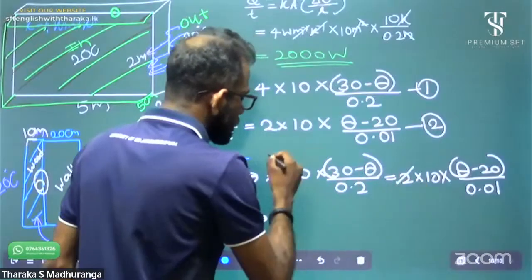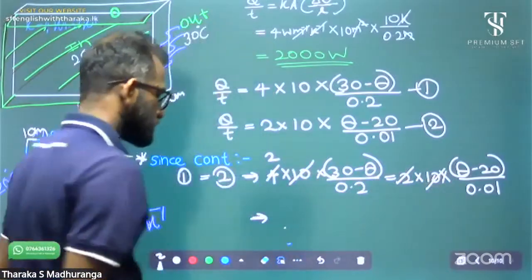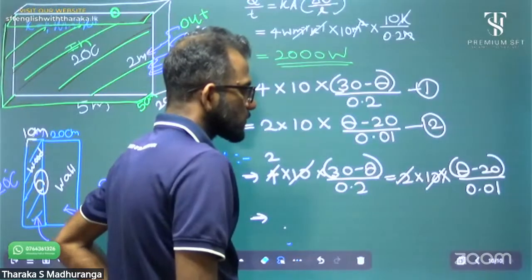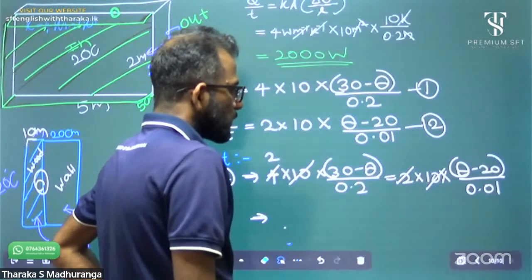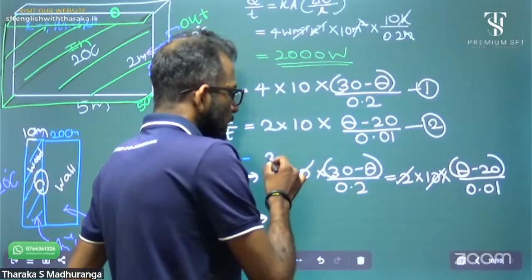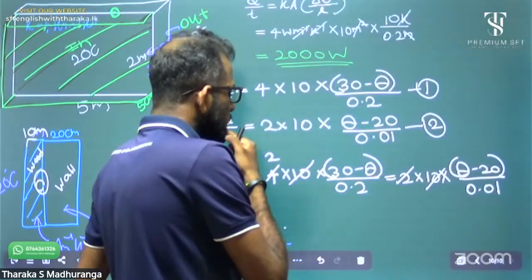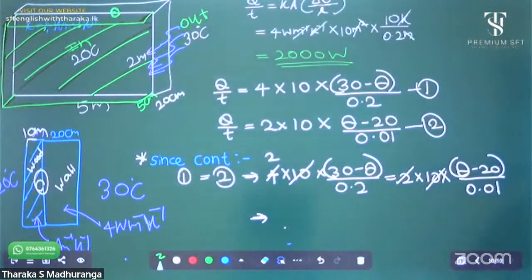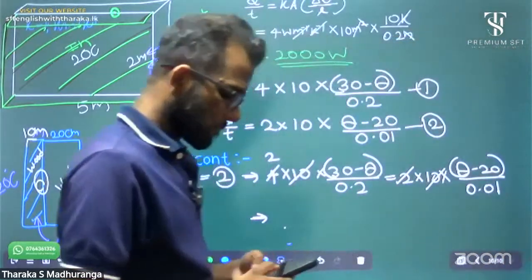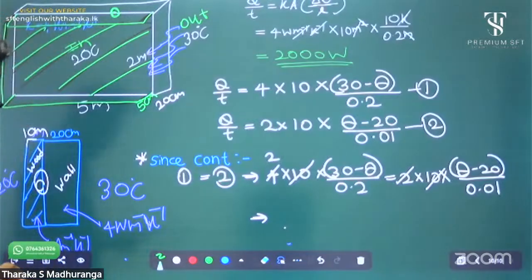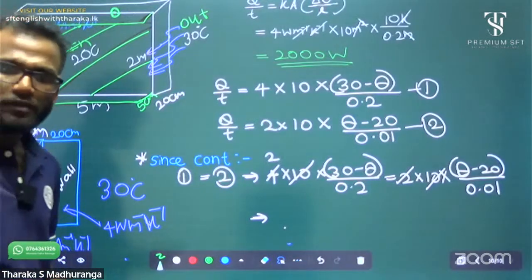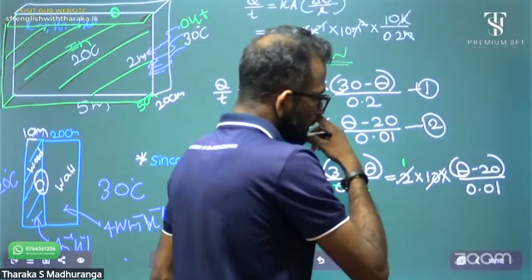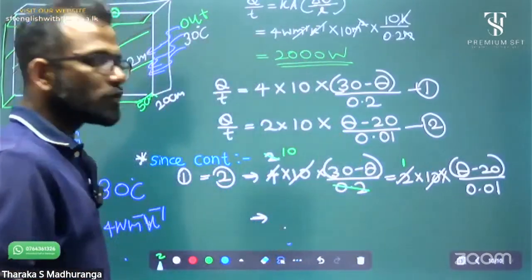Now 4 and 2 cancel out into 2. 10 and 10 cancel. 2 divided by 0.2 is 10. And 1 divided by 0.01 is 100.